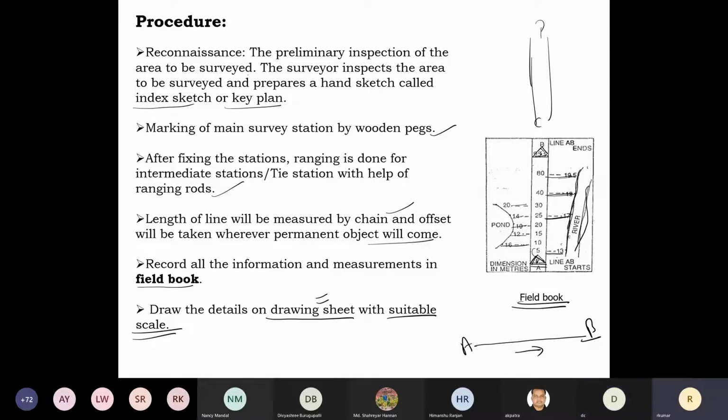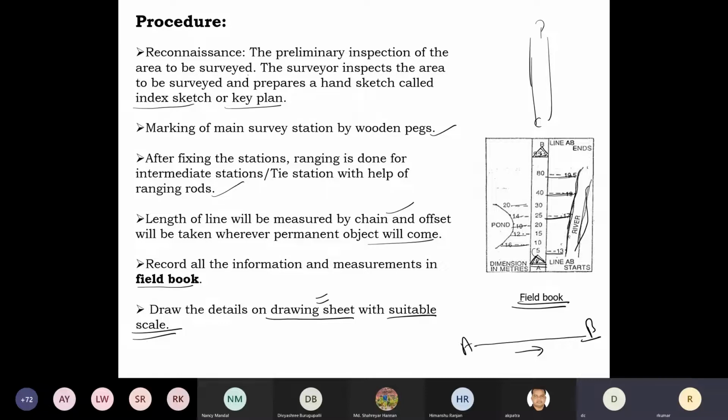At the two ends there will be two students, and intermittently, with ranging rods, three more will come, and they need to be signaled properly to get aligned at the tip of the ranging rod on the ground.